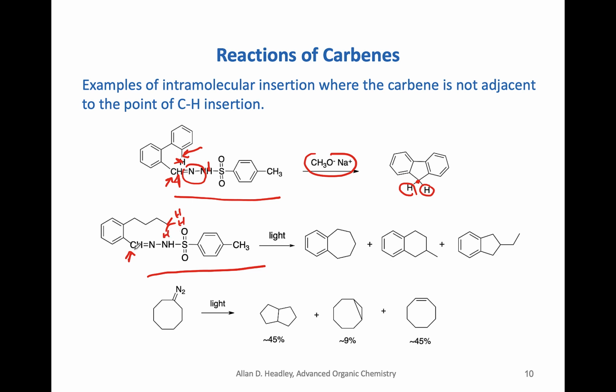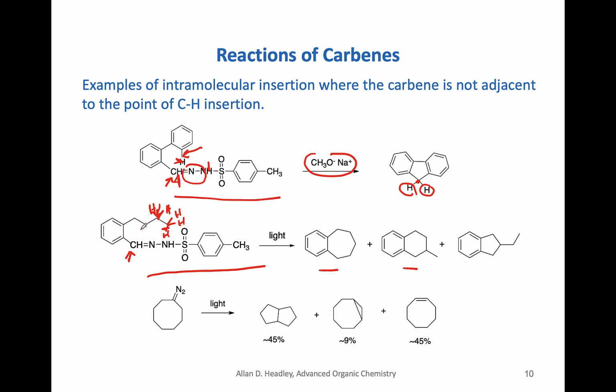So you can see that this carbene can insert right in here to get that as a product. This carbene can insert into one of these CH bonds here to get that as the product.